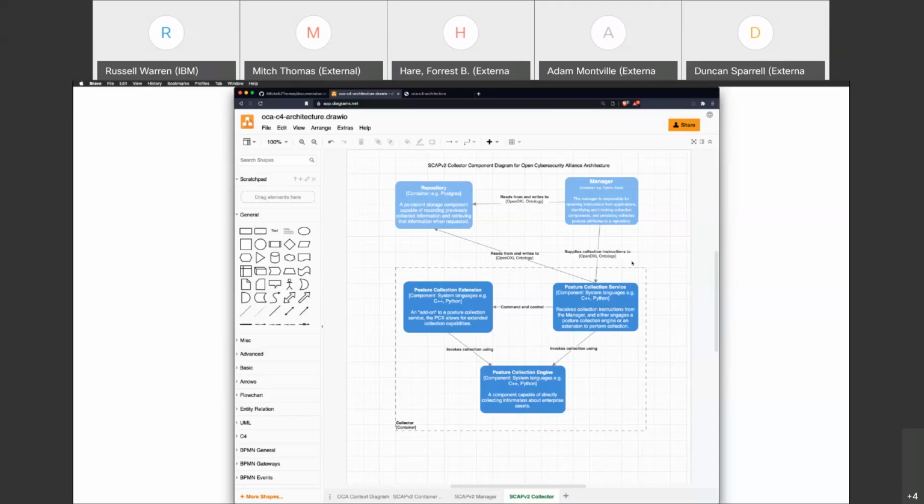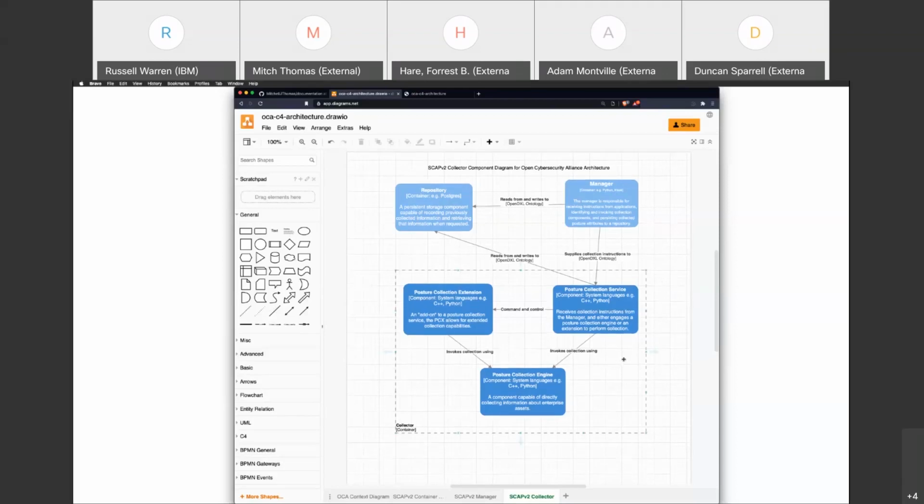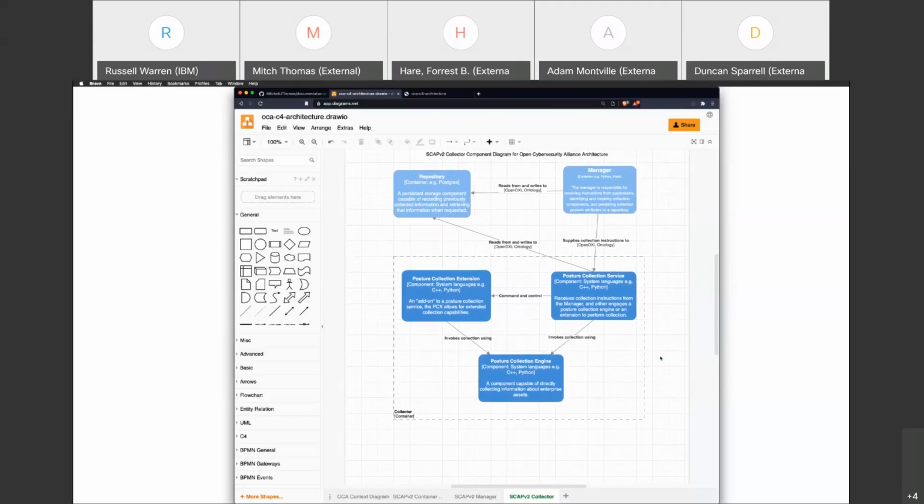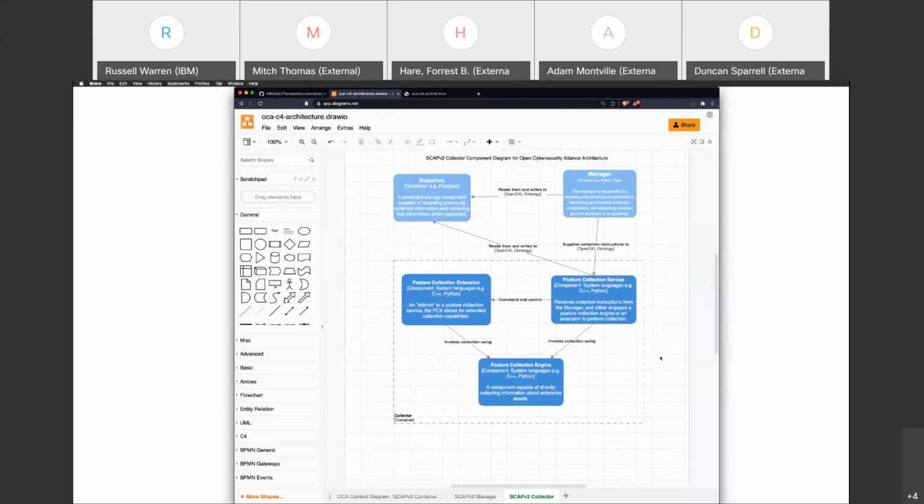But we're going to focus on getting some of these questions answered from the SCAP perspective, and then we'll bring those back. What that means for our bandwidth to bring in other subdomains, because we have been asking for that, I'm not sure yet. I wanted to provide some extra context around the SCAP side.